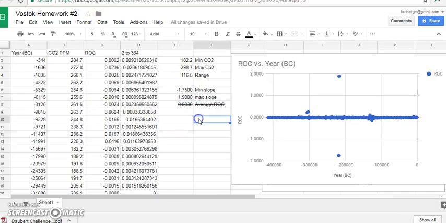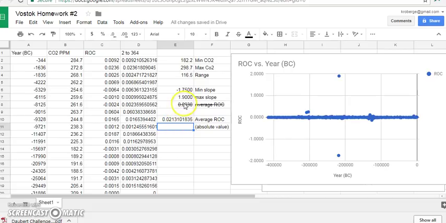So let's do an average rate of change, absolute value. So now I can do average D2 to D363. This is probably a little bit better. So this is sort of a real average rate of change.